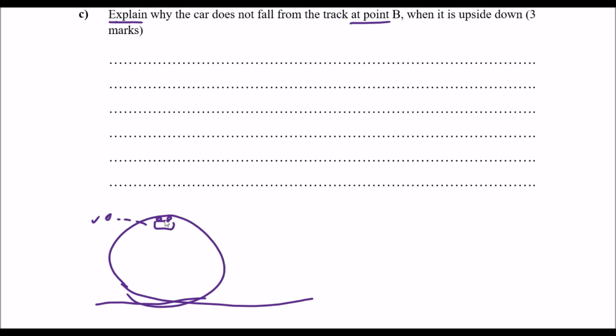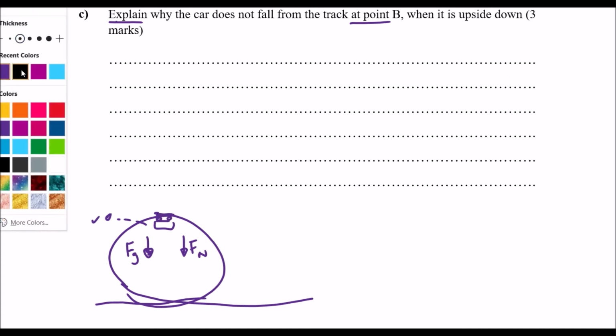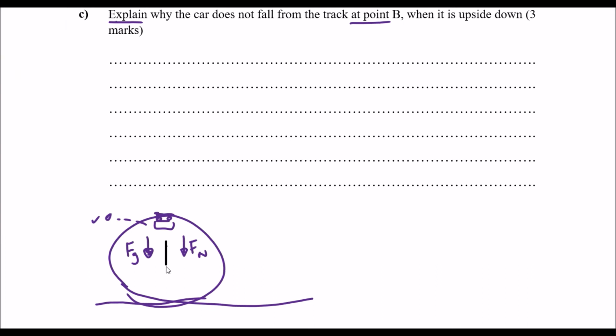Now there's two forces acting on our car here. We've already talked about it before. There is the weight force, sometimes you can write it as FW or FG. And you also get the normal force because it's making contact to the circuit here. When they add together, that gives you your net force.